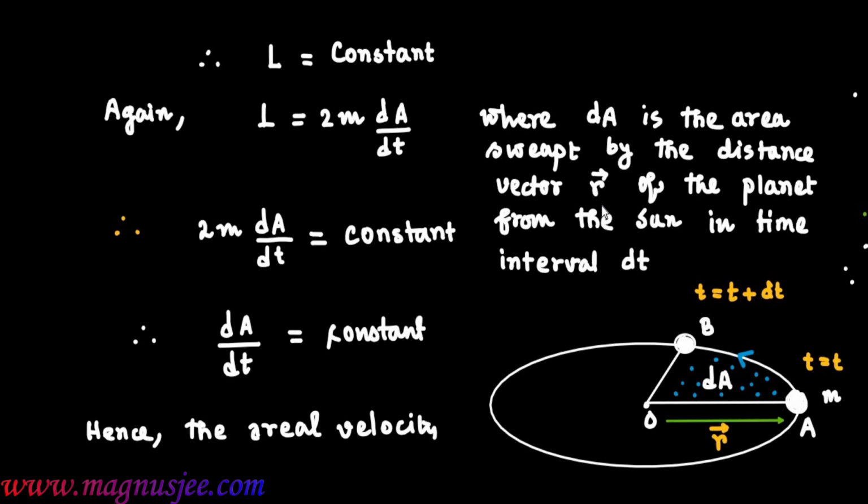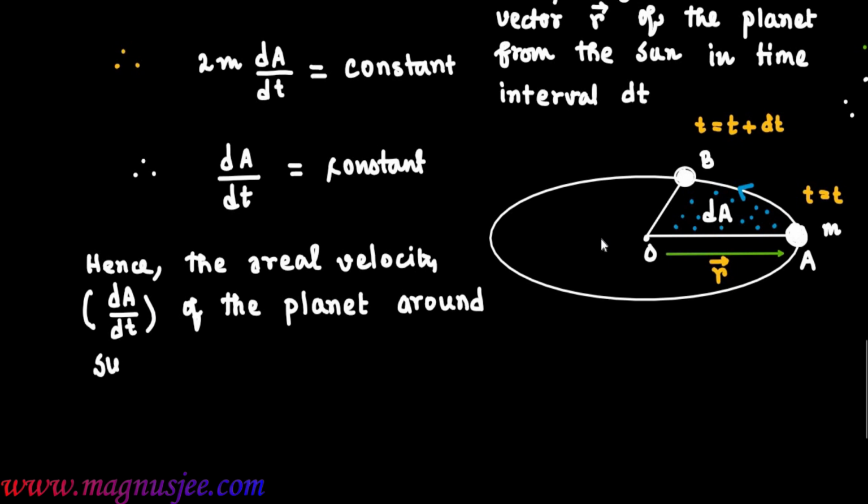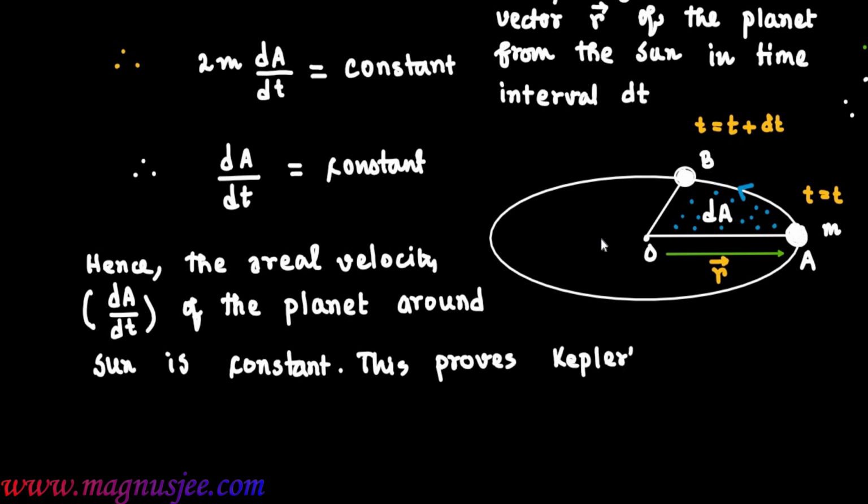Hence, the areal velocity, that is dA by dt, of the planet around Sun is constant. This proves Kepler's second law of planetary motion.